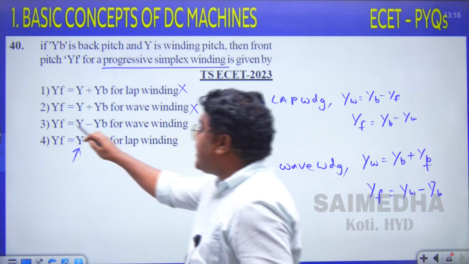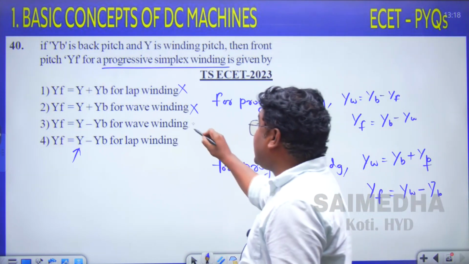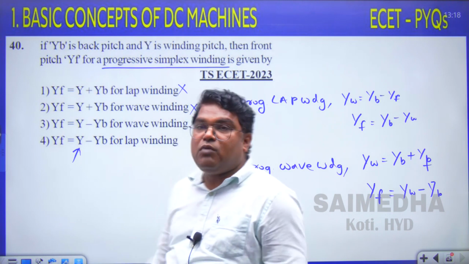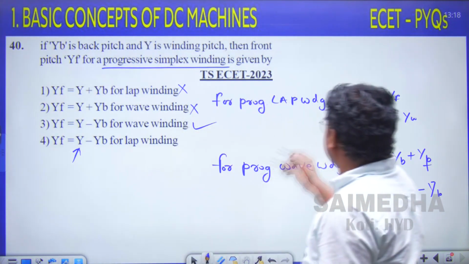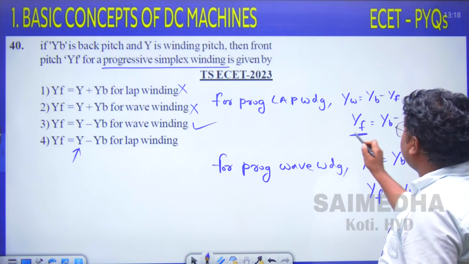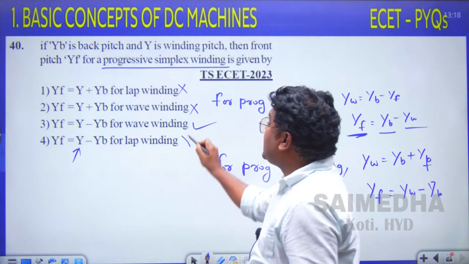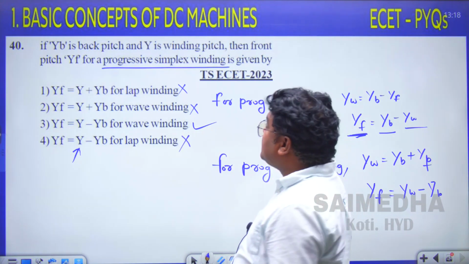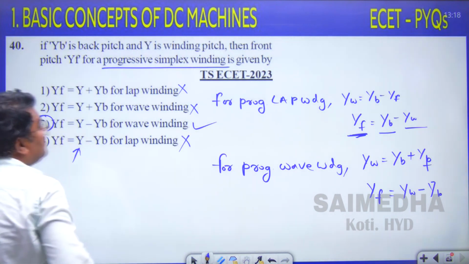Next, YF is equal to winding pitch minus back pitch per wave winding. This is the correct statement. And YF is equal to winding pitch minus back pitch per lap winding, where front pitch is equal to back pitch minus winding pitch. This is also a wrong statement. So option 3 is the correct answer for this question.